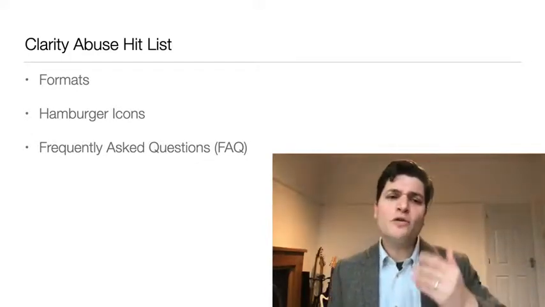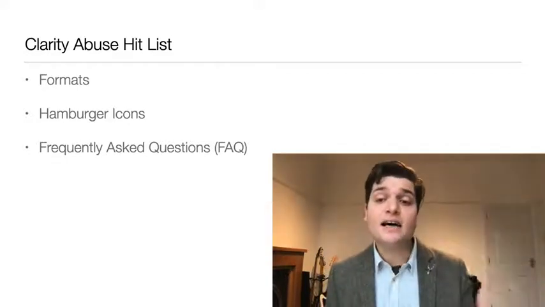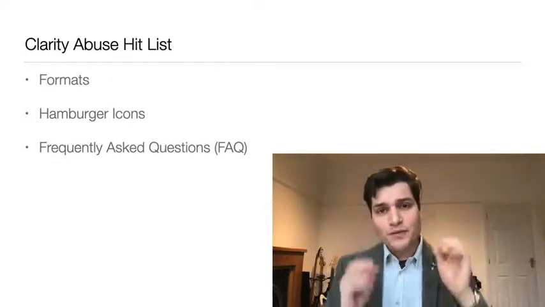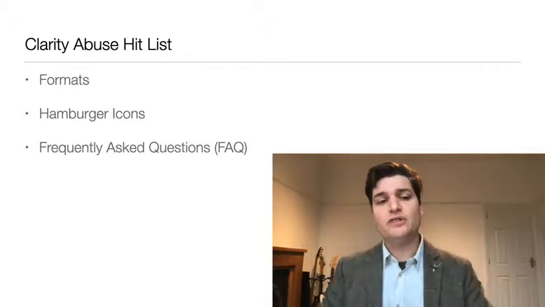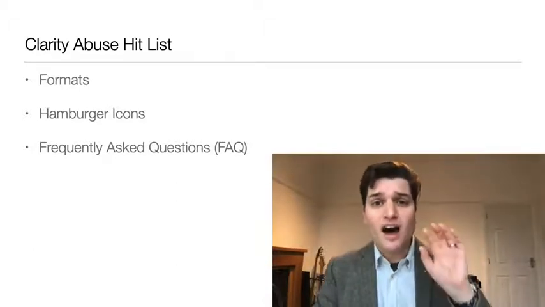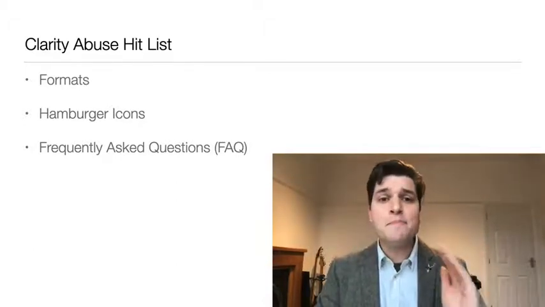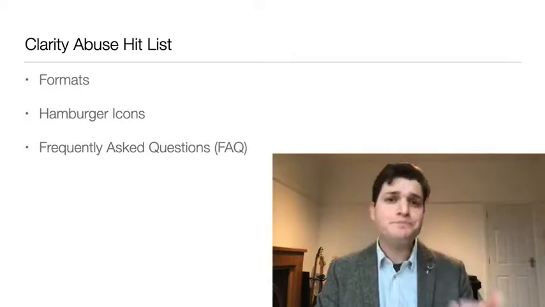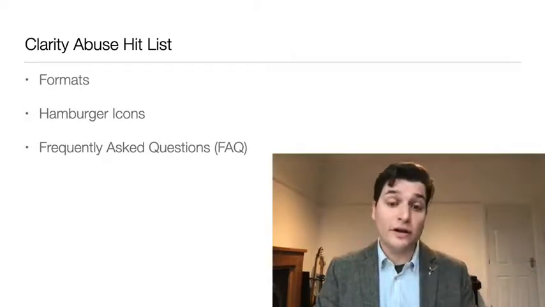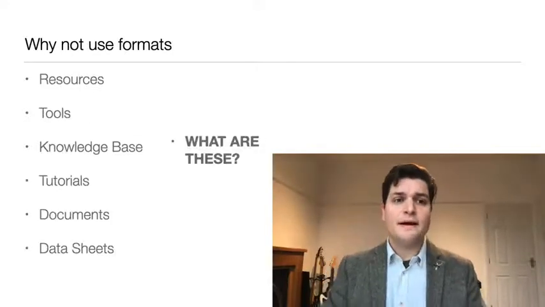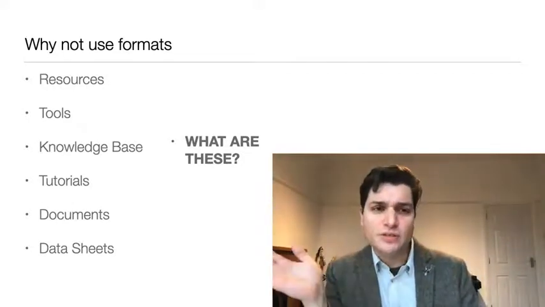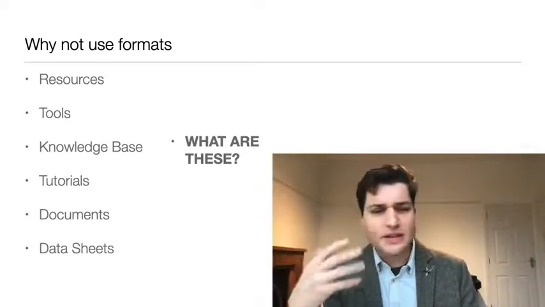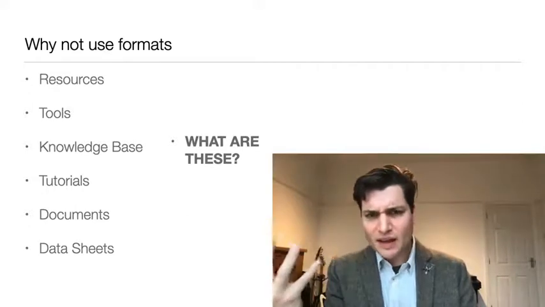You go for frequently asked questions as a last resort. So you should never have to use frequently asked questions. You should always answer the questions in the place that people expect to find the information and the place people are looking for it.